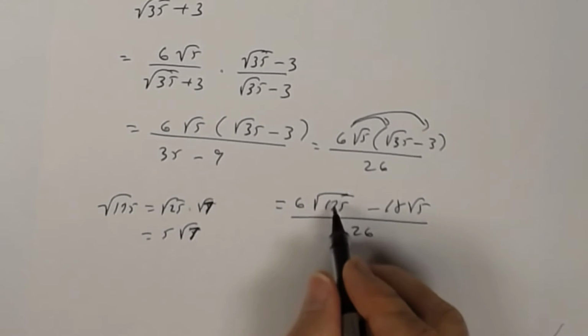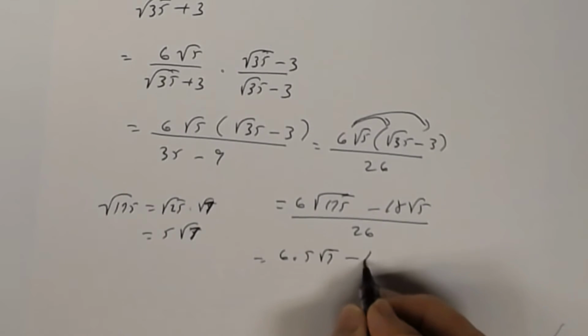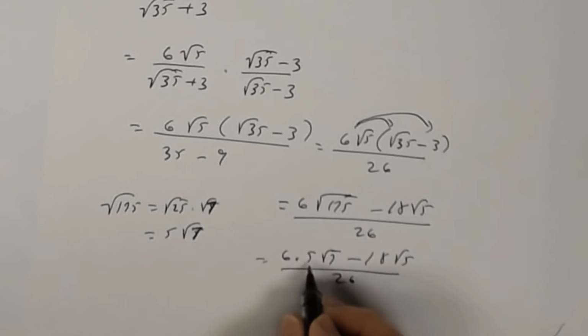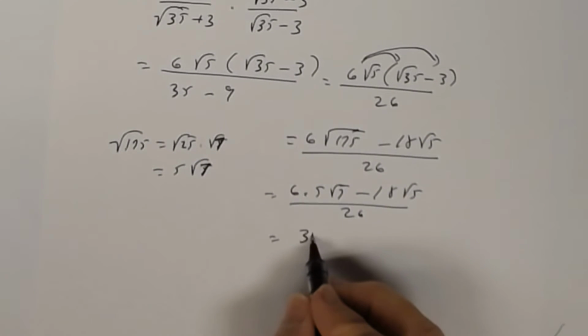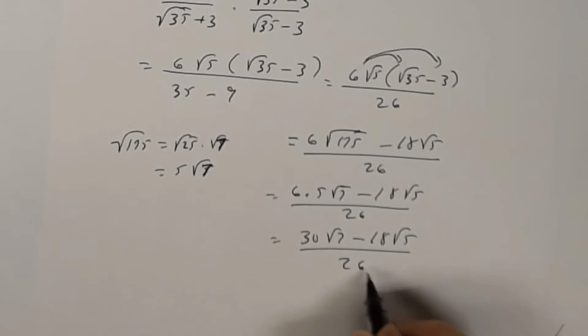Okay, so that's what this becomes here. So this becomes 6 times 5 square root of 7 minus 18 square root of 5 divided by 26. And then 6 times 5 is 30. So you get 30 square root of 7 minus 18 square root of 5 divided by 26.